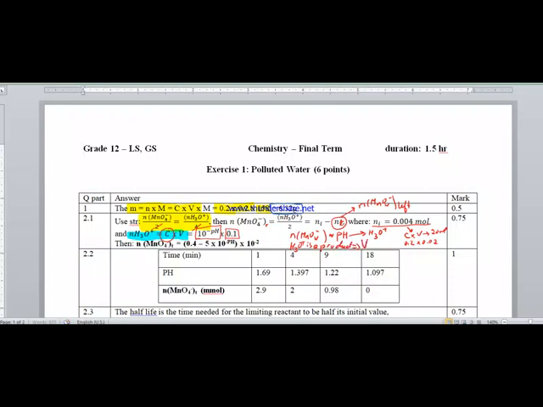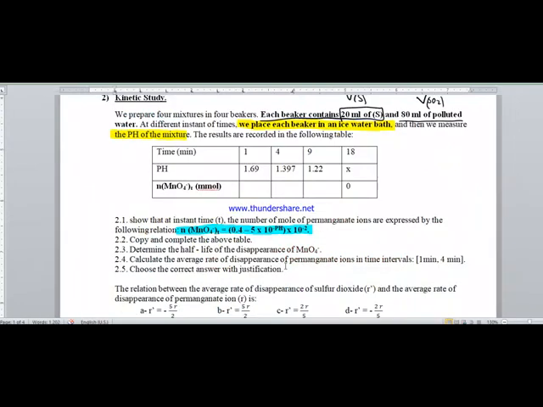So we take the V total, which is 20 plus 80 milliliter. In the exercise we have 20 milliliter of solution S and 80 milliliter of polluted water.